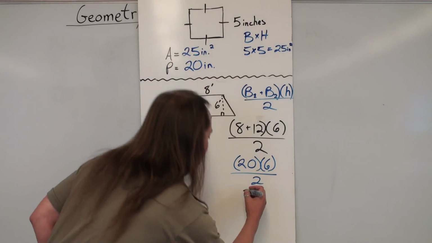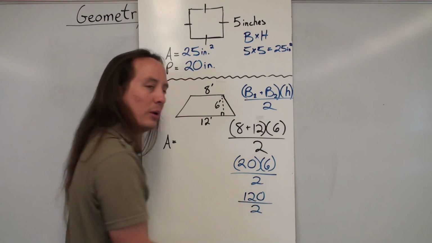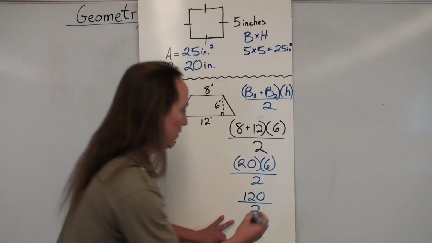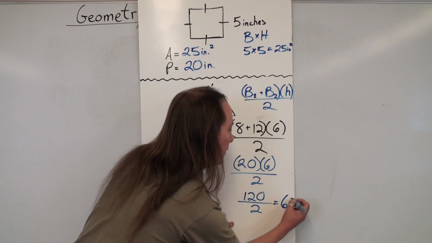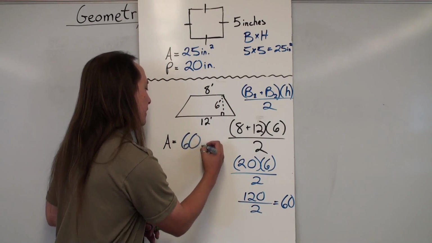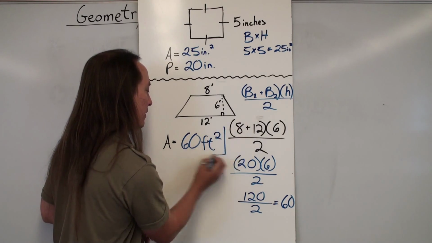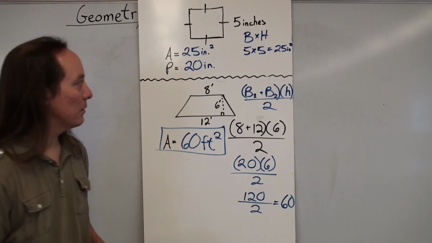And then 120 divided by 2 is equal to 60. All right, so my area is 60 feet, I'll go ahead and write it out this time, feet squared.